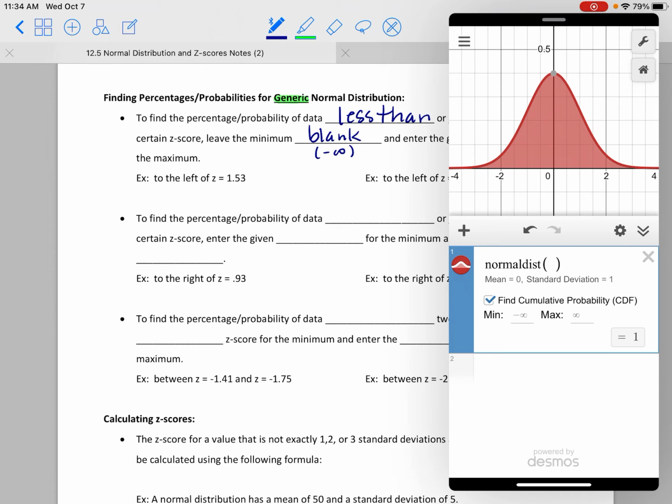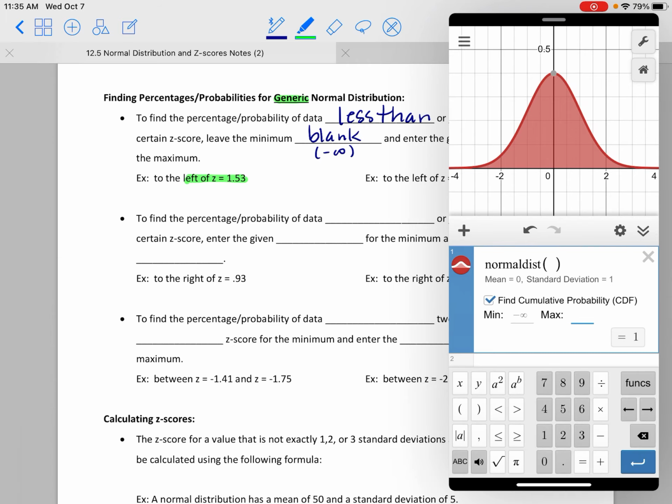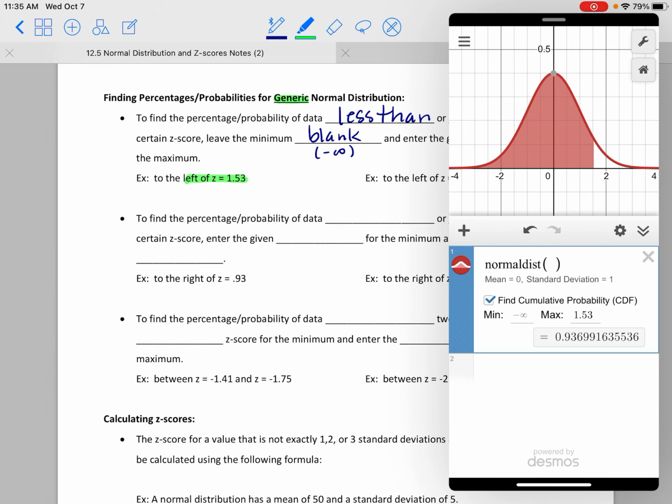Now, what if I wanted to find the percentage of data, or the probability that data lies left of z equals 1.51? So 1.51, left of that. What we're going to do is leave the minimum blank, and in the maximum we're going to put that z-score of 1.53, and now we can see in our picture here 1.53, and all the stuff left of it or less than that z-score is now highlighted, and then below in our box it tells us what percentage that is.